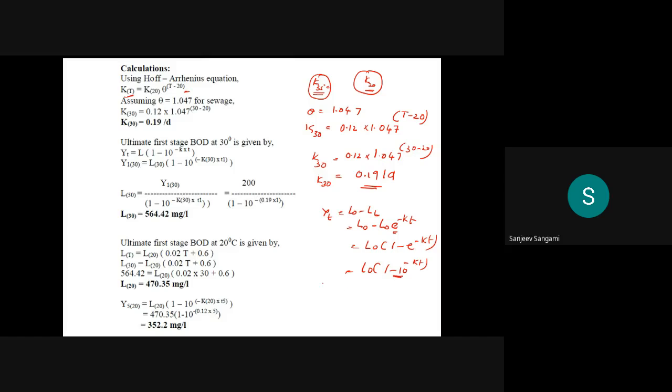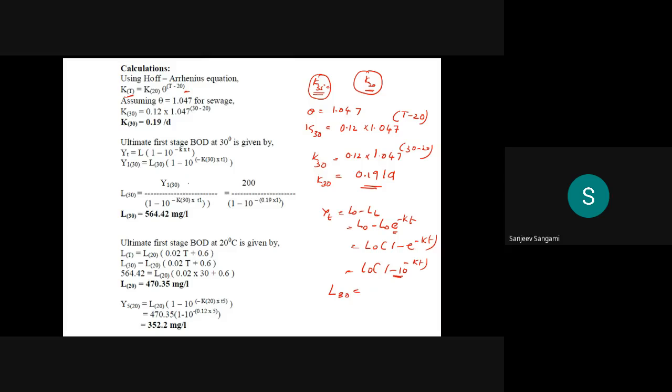So if that is the case, then substitute the Yt, that is equal to L0 times 1 minus 10 to the power minus kt. So we have to find out the L at 30. L at 30 is given by this formula.